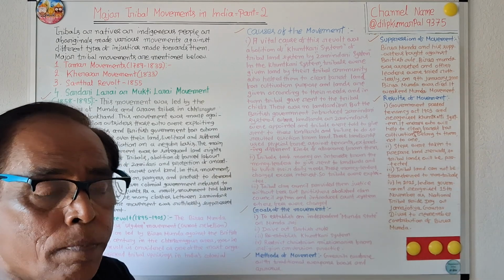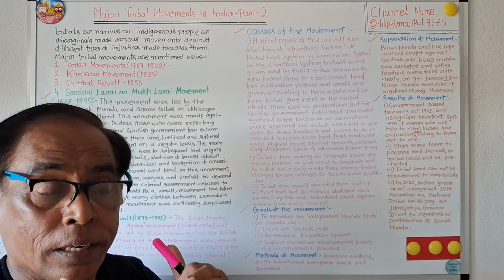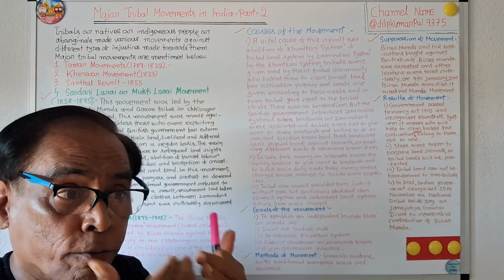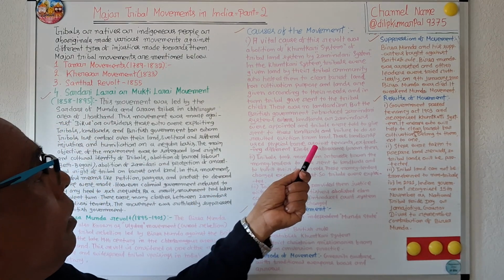In the Jomidar system, landlords or Jomidars were appointed, and tribals were forced to give rent to them.